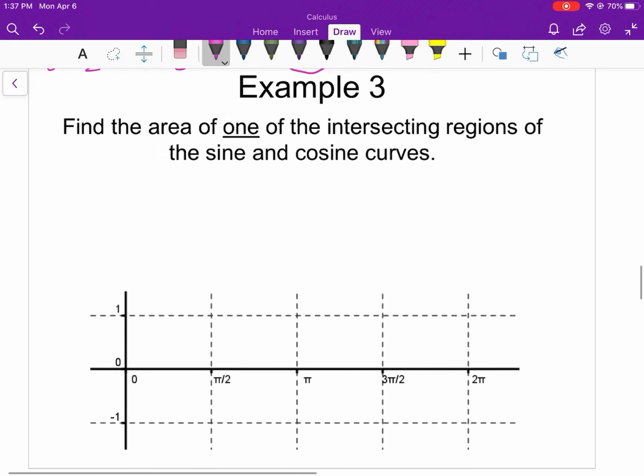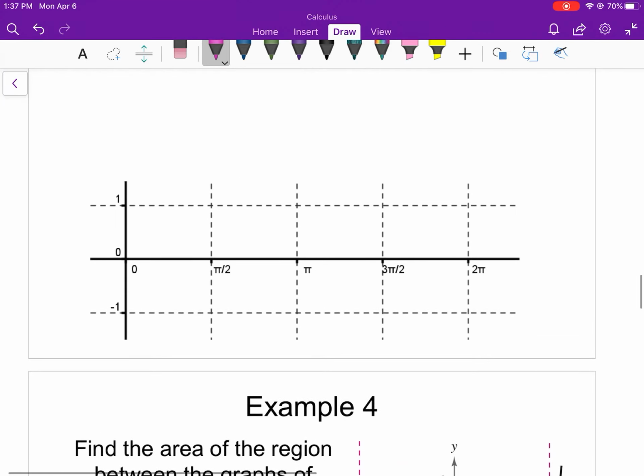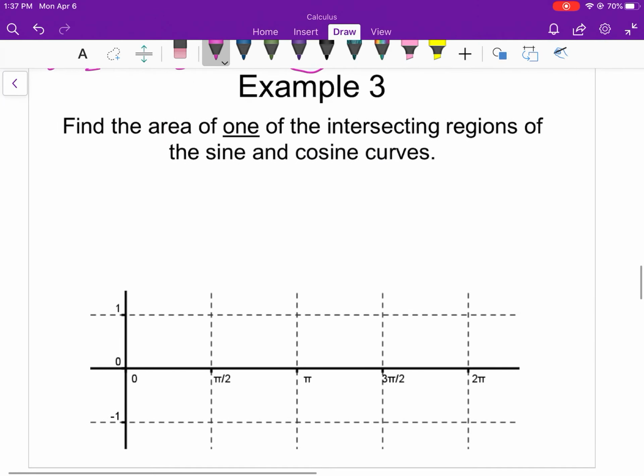We're going to do one more example in today's notes, and then we'll stop there. So we want to find one of the intersecting regions of sine and cosine. So I know sine, we'll do sine in pink.